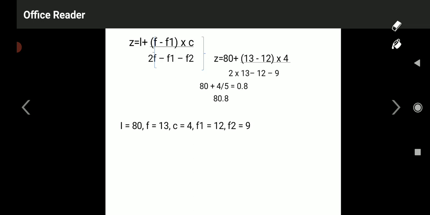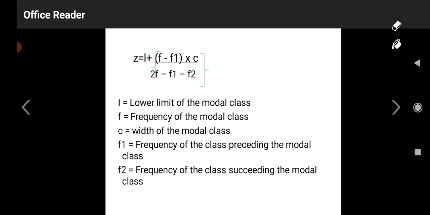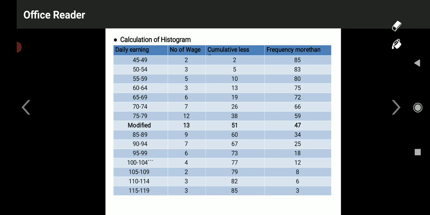Into c, that is the width of the modal class. Look at the width here. Sorry, I have not mentioned the class interval here, 80 to 84. So 84 is the upper class limit and 80 is the lower class limit. 84 minus 80 is equal to 4.